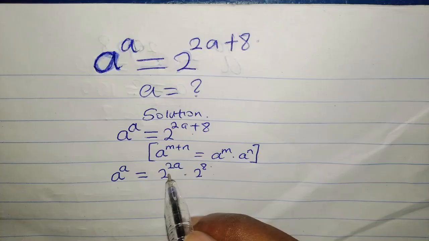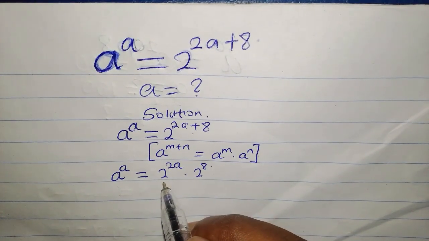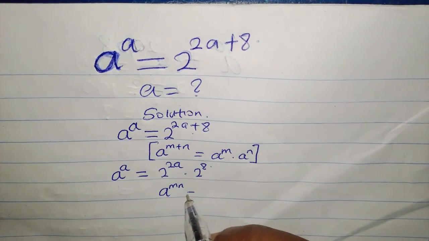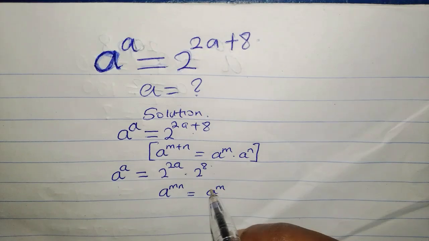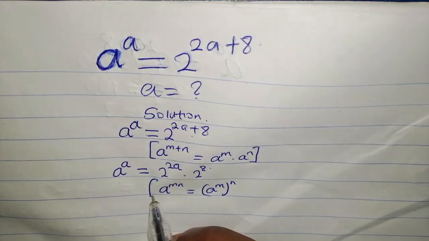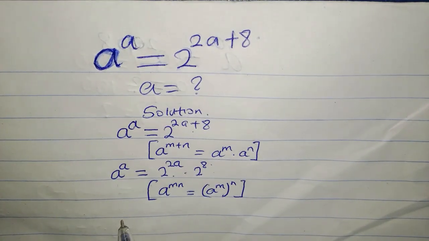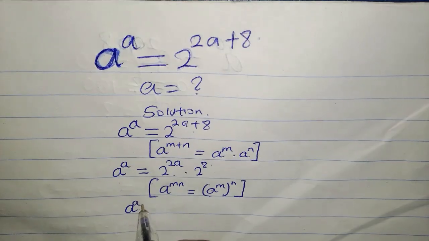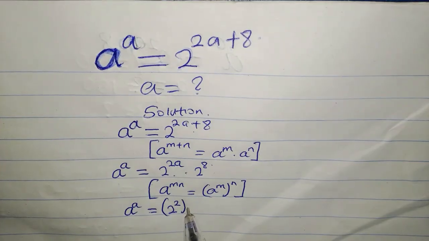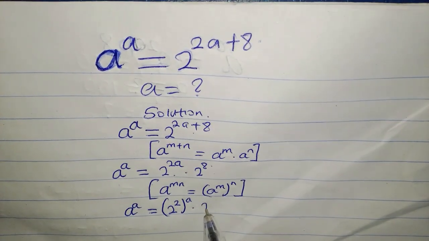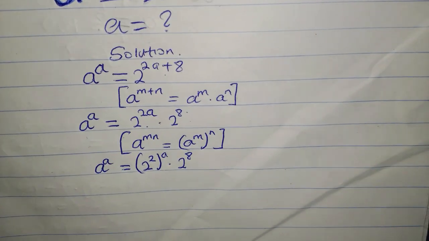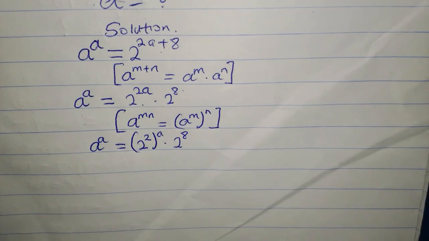At this place we apply the rule that a to the power of mn is also equal to a to the power of n, all to the power of n. So if we put this through, we have a to the power of a equals 2 to the power of 2, all to the power of a, times 2 to the power of 8. This is what we now have.